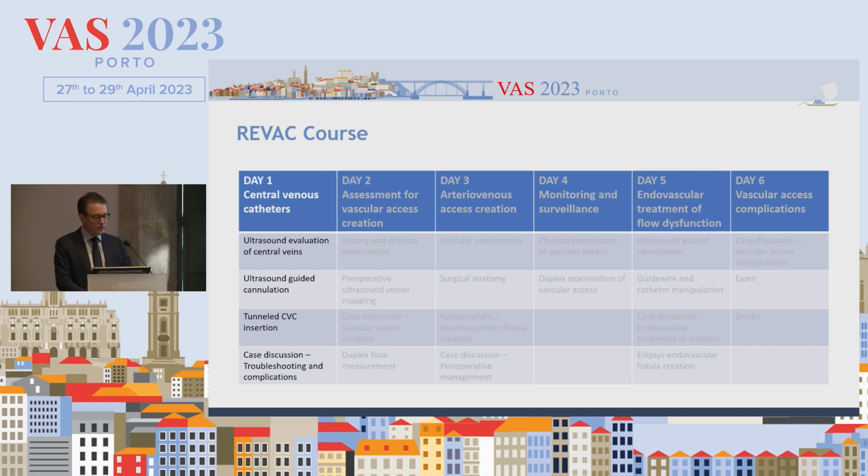This was on vascular access for hemodialysis, and in our center we opted for a 6-day course, which was already quite intense for the residents and also for me, I must say. So on day 1, we started with central venous catheters.